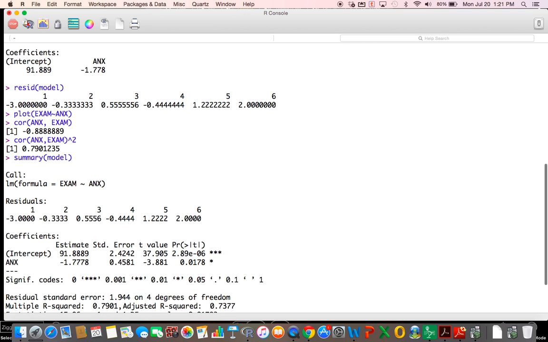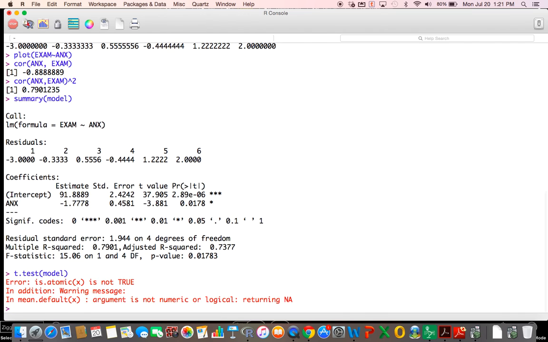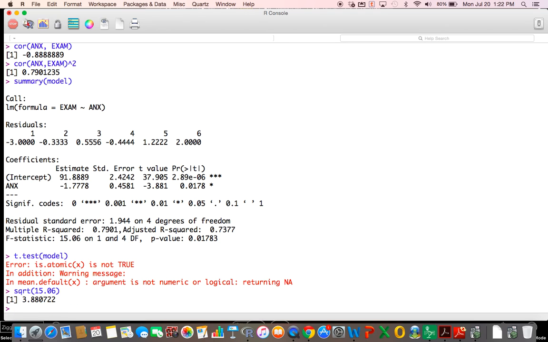Let me think this one through. Well, I tell you what, if we take the square root, we get it. Yeah, the square root of the F statistic.